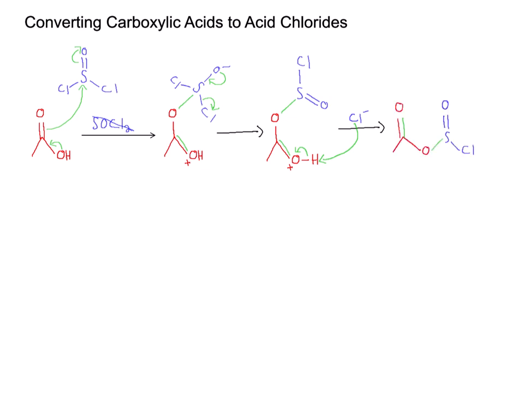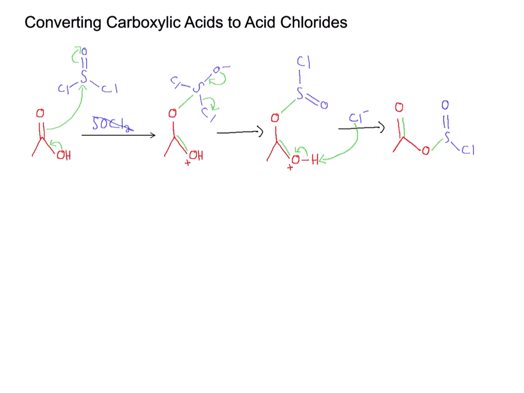You can see here that this intermediate looks an awful lot like an anhydride, except this OSOCl is an even better leaving group than a chloride. What we've effectively done is we turned an OH group, which is not that great of a leaving group, and converted it into this OSOCl, which is an incredibly good leaving group.